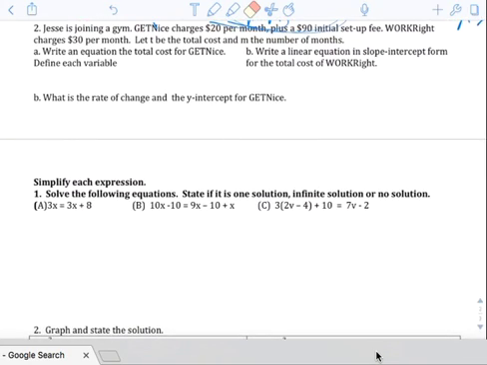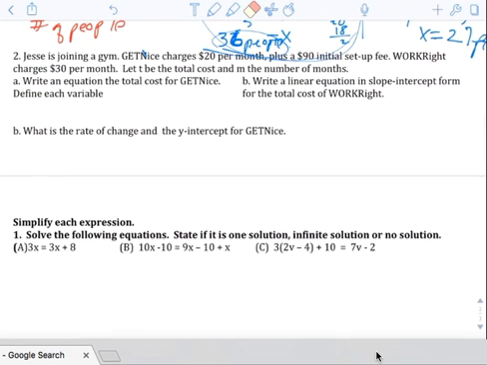Okay. Anyways, here is Jessie joining a gym. Okay, I'm going to erase this right here so that I can read. Get Nice charged $20 per month plus a one-time fee of $90, or a setup fee of $90. The same thing means the same thing.